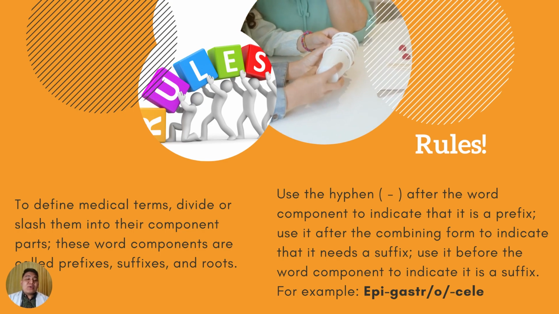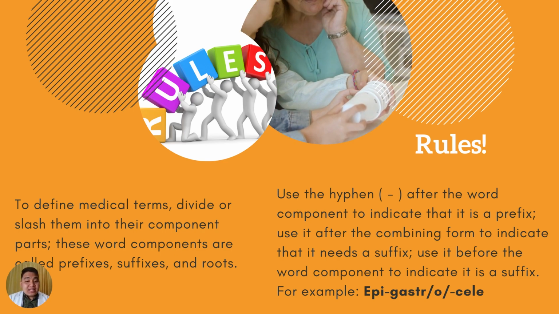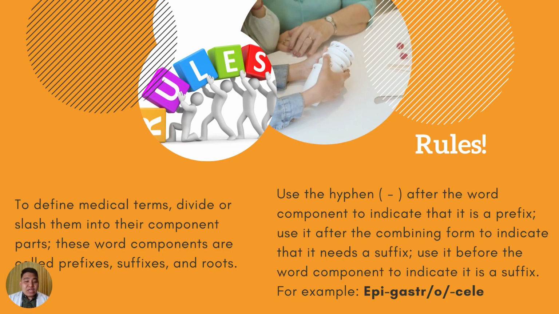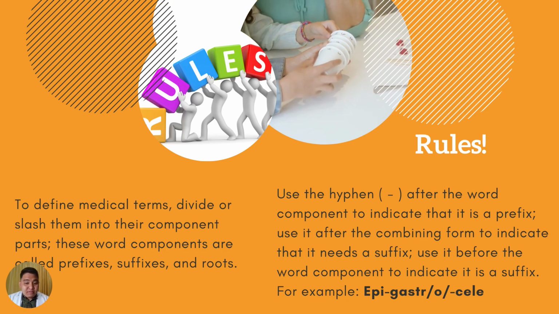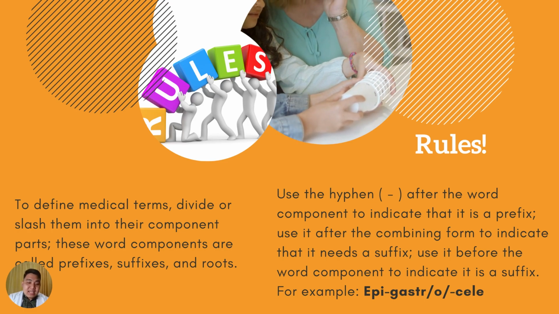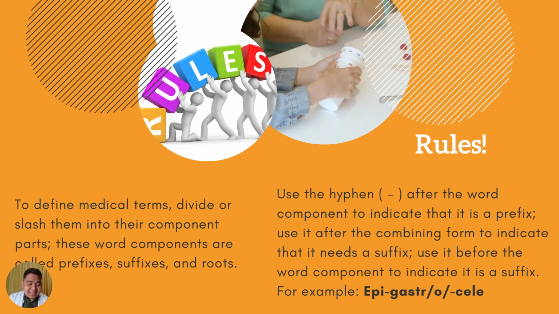Now, you may also use a hyphen after the word component to indicate that it is a prefix. Use it after a combining form to indicate that it is a suffix. And use it before the word component to indicate it is a suffix. As you can see, epi- is the prefix.